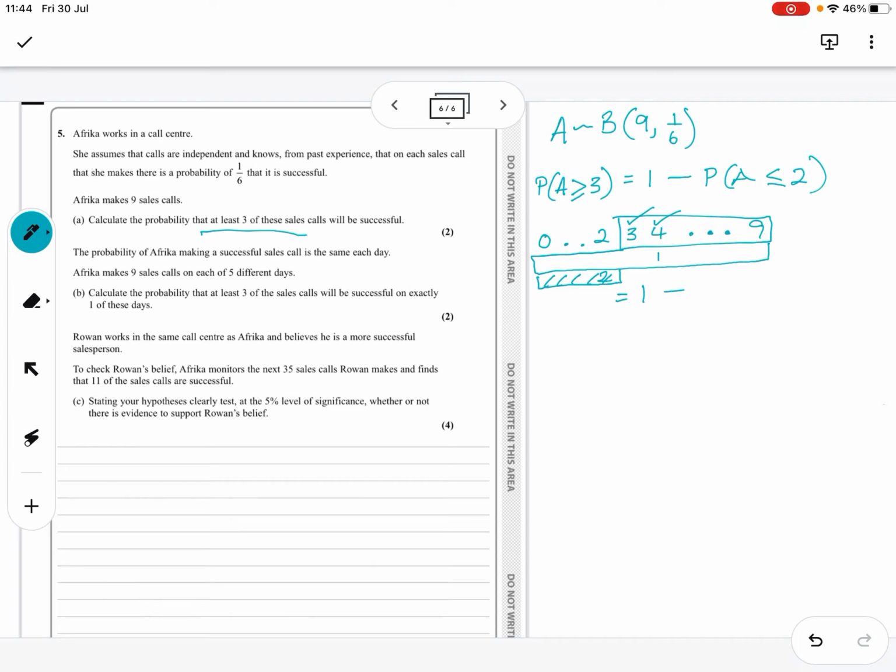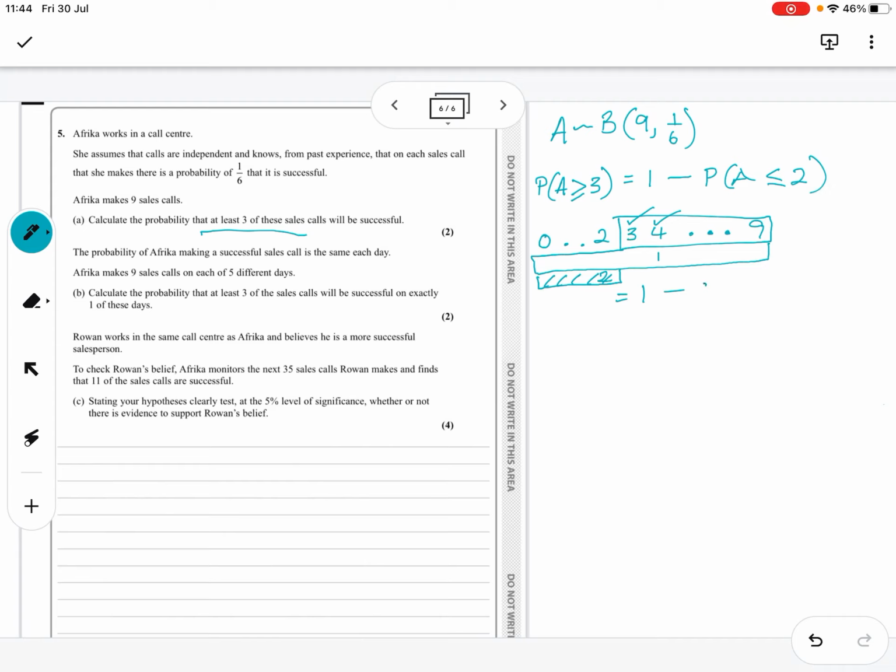Okay, so then we put 1 minus and work out what in your stats menu. I've got the posh one actually, let me swap to this one. So on menu, distribution. Yep, distribution. We want binomial CD, so it's cumulative. We're going to do variable 2. X is 2. The number is 9, and we're going to do 1 divided by 6 there.